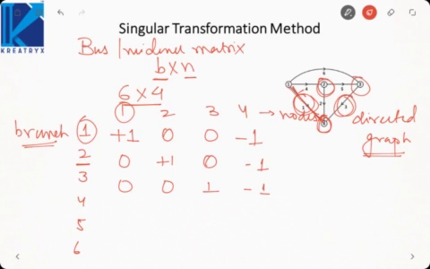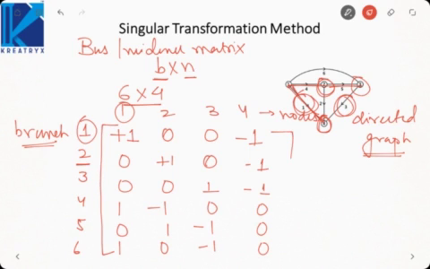Then branch number 4 between 1 and 2: 1, minus 1, 0, 0. Branch 5 between 2 and 3: 0, 1, minus 1, 0. Branch 6 between 1 and 3: 1, 0, minus 1, 0. So that is your bus incidence matrix.